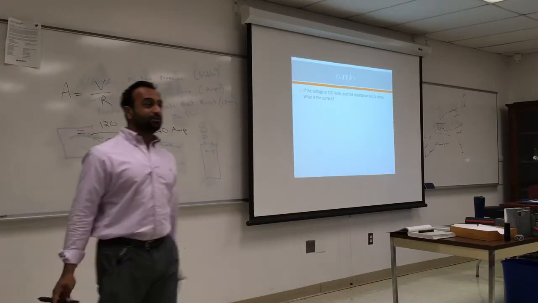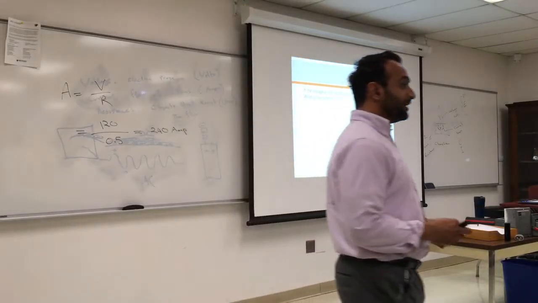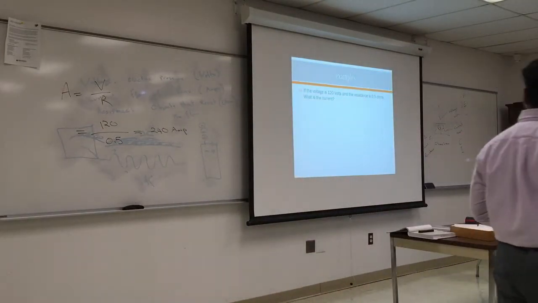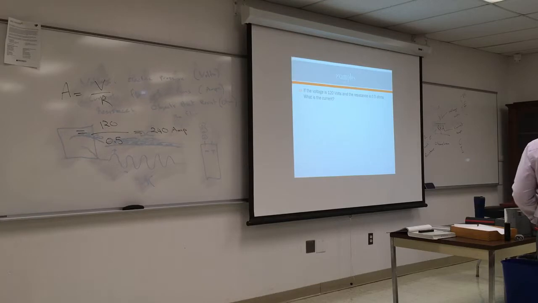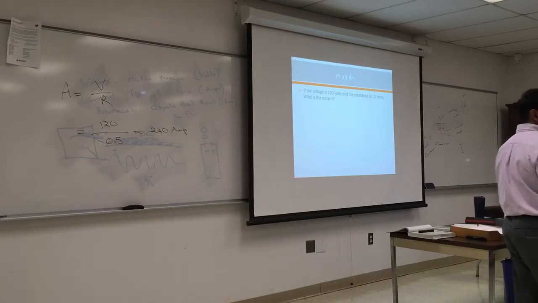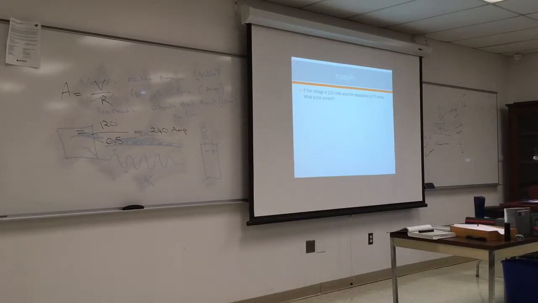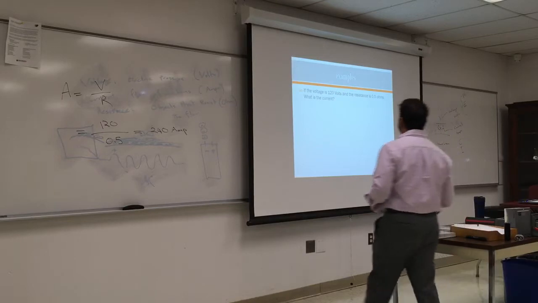But this is just an example to practice the math. So we'll do a few of those as we go along, and hopefully it will stick. And I'll spend at least a week on Ohm's law and power law. And please, if you have any issues with it, if it doesn't make sense, let me know. We will try to recap on it as much as we can.